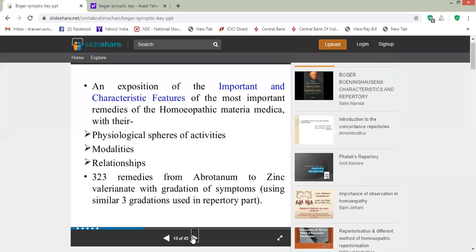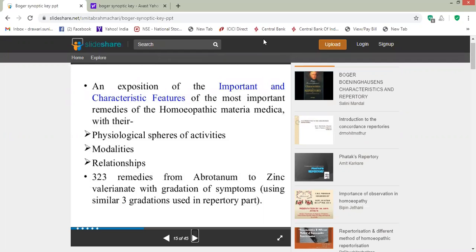So in this second part, that is synopsis, the most important remedies with their characteristic features from our materia medica are given, with their physiological spheres of activities, modalities, relationships, etc. In this part, there are about 323 remedies given.